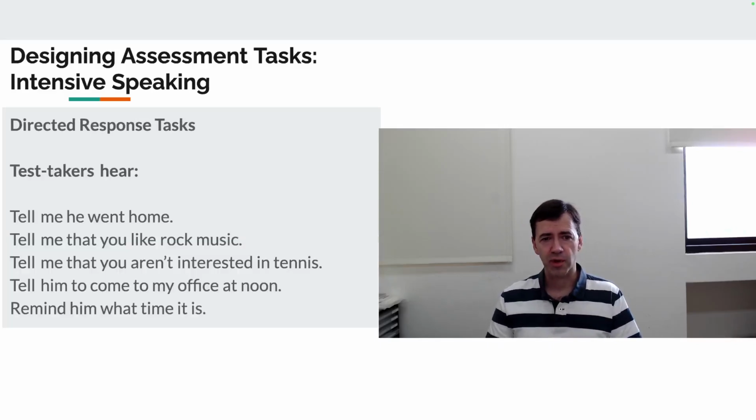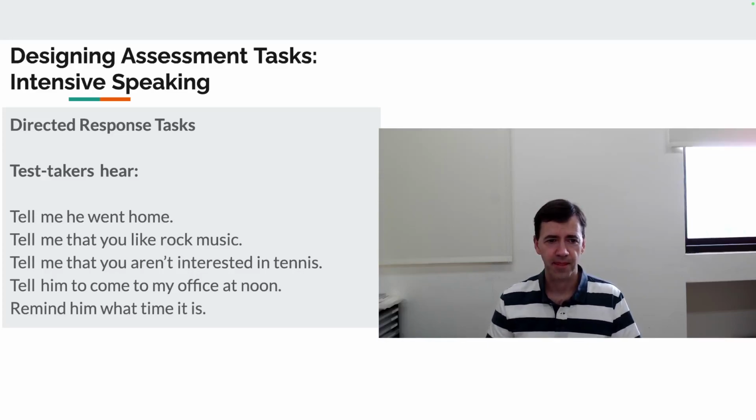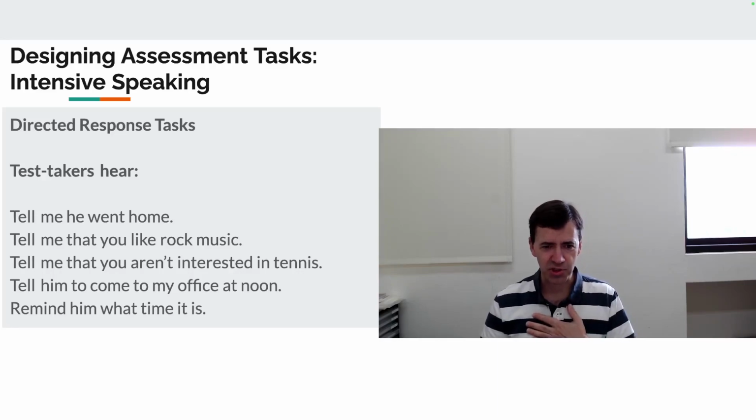So directed response tasks, test takers will hear this. "Tell me he went home." And then the test taker has to say, "He went home." "Tell me that you like rock music." "I like rock music." "Tell me you aren't interested in tennis." "I'm not interested in tennis." So you can see there's grammar here, right? He went home.